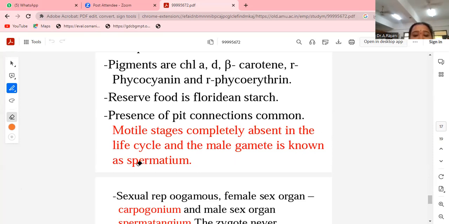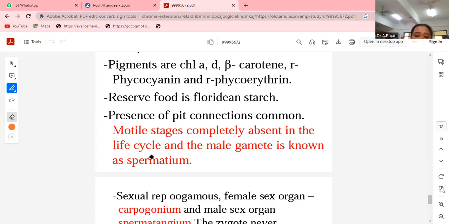The male gamete is known as spermatium. Here also they ask: the male is the antheridium, the female is the archegonium, like this, oogamete. But here some names are different. In Chlorophyceae also, Chara, I'll explain in the type study of Chara, the male is the globule, the female is the nucleus.